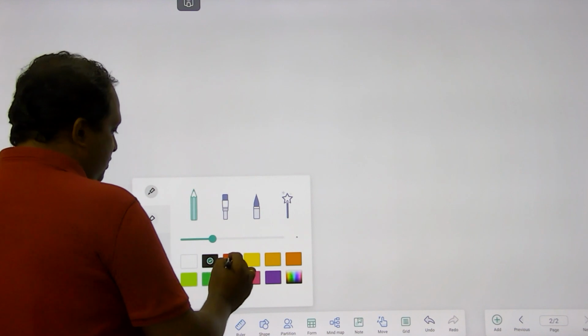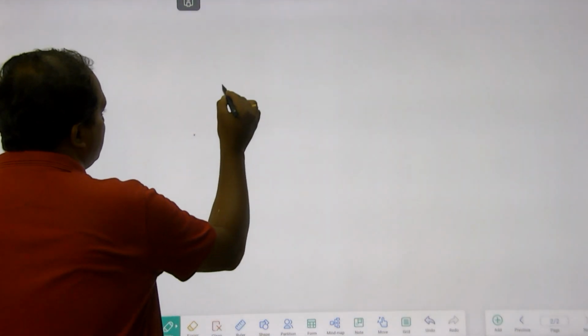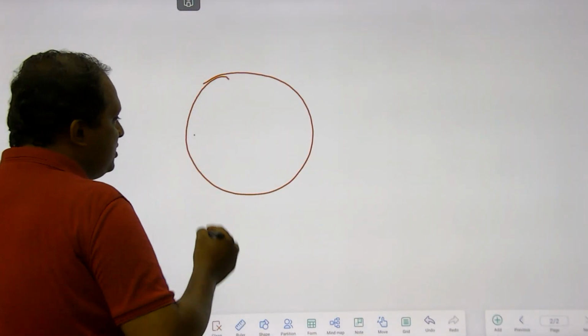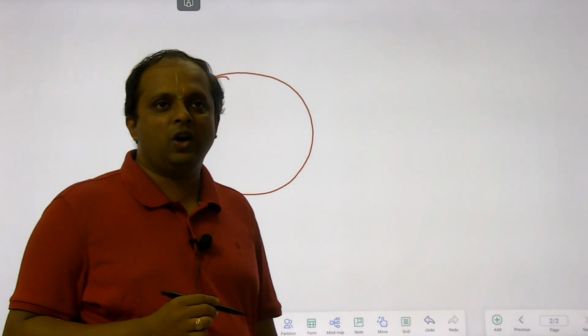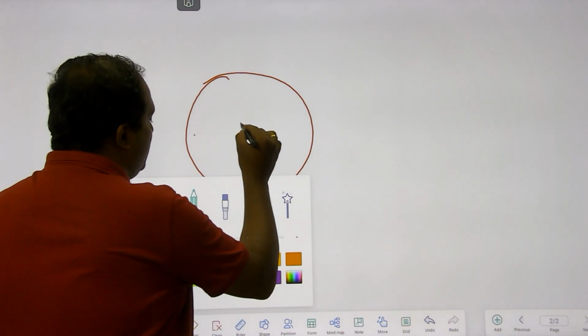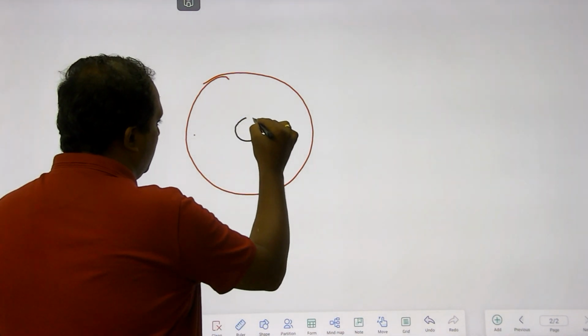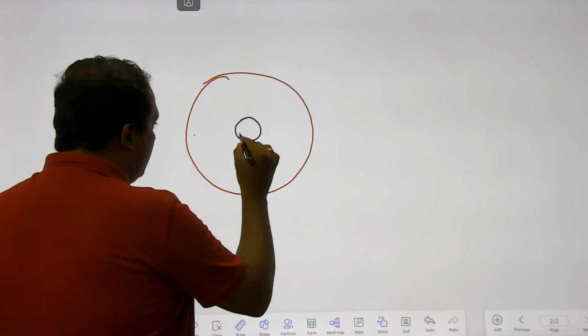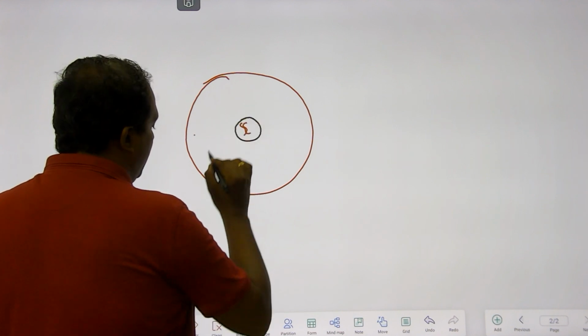So let's consider this as a cell. Consider the cell as a eukaryotic cell, which means this cell is expected to have a nucleus. The nucleus in turn will have DNA.